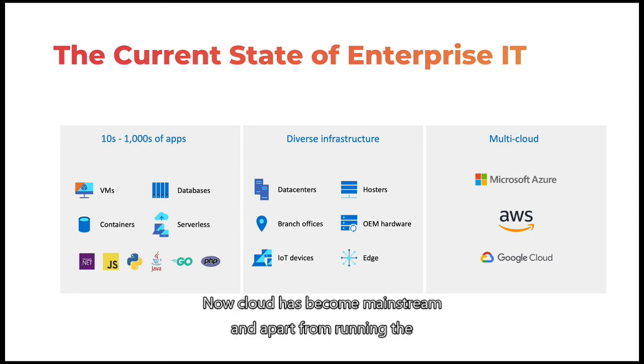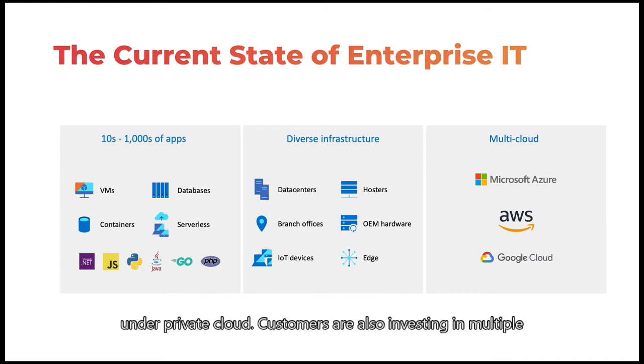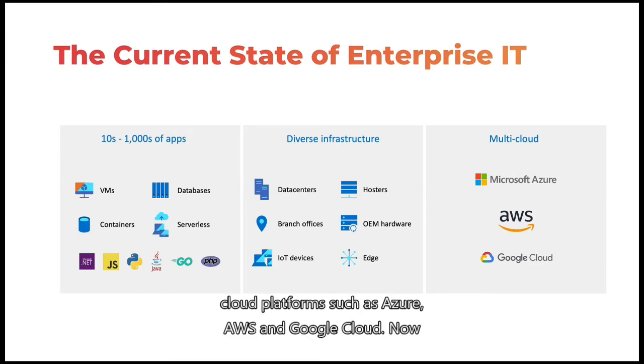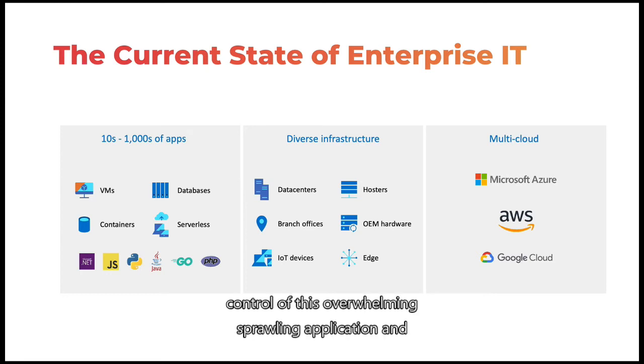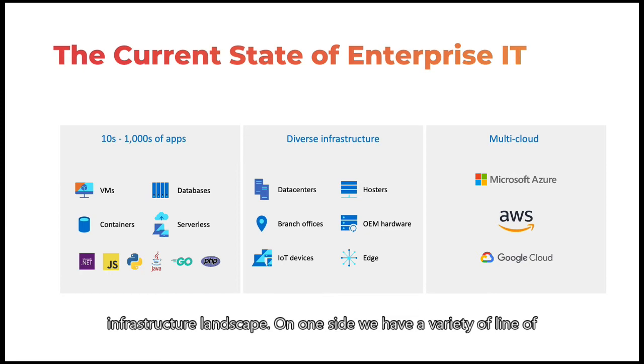Now, cloud has become mainstream, and apart from running infrastructure on premises within the data center, colo, and a private cloud, customers are also investing in multiple cloud platforms such as Azure, AWS, and Google Cloud. Now imagine if you are a part of enterprise IT. How do you take control of this overwhelming, sprawling application and infrastructure landscape?